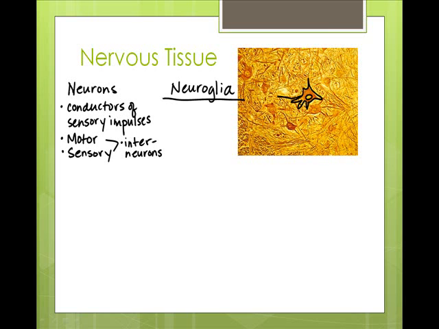So the neuroglia are typically smaller cells, and their general purpose is to support the neurons. And they're going to make sure in general that the extracellular fluid is just right for the efficient functioning of neurons.